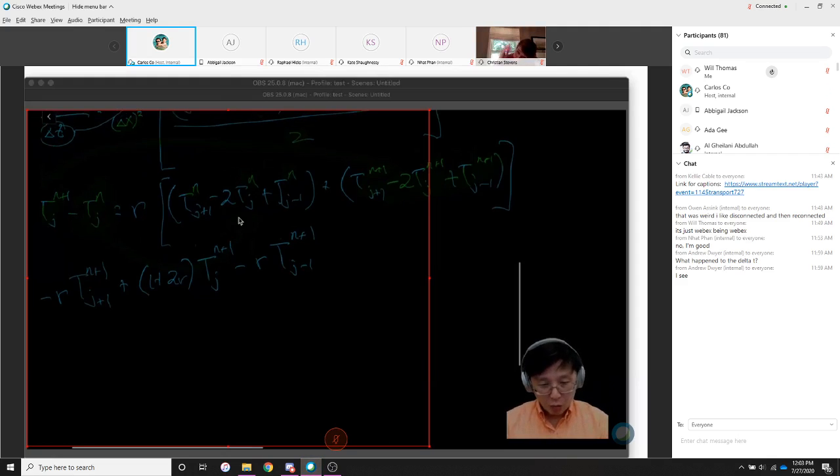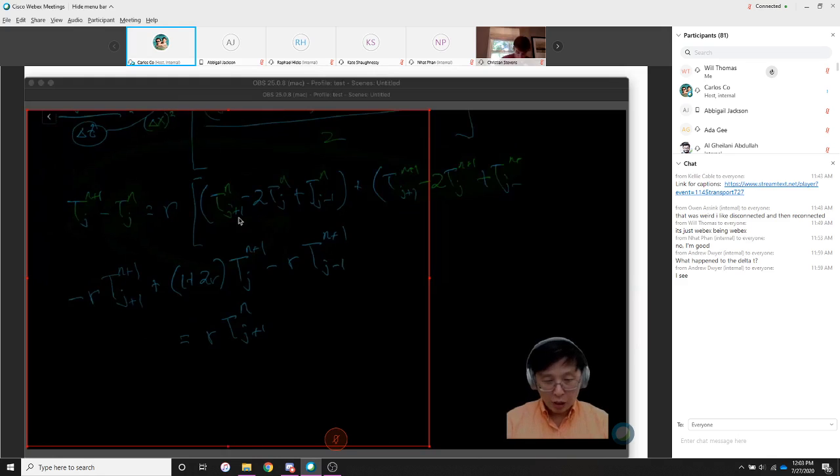So all of this will be equal to, now we write it down for the previous time. So we will have r T j plus 1 n, and that is this term here. And then the next one, notice this term here will go to the other side and combine with this one.